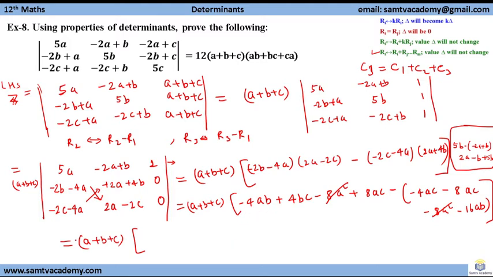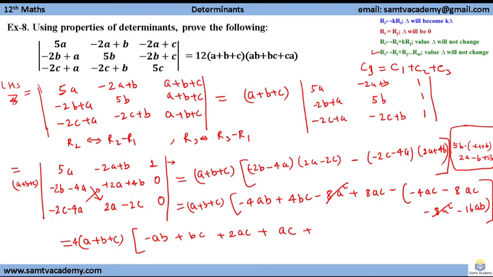Now first we will take 4 common from here, so it is easy for us to calculate. So this will be minus ab plus bc plus 2ac plus ac plus ac.